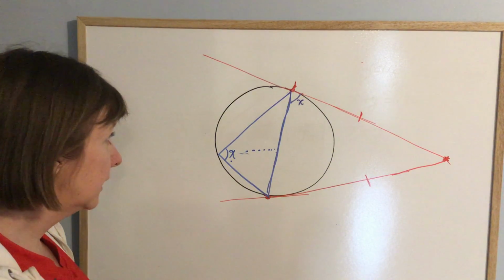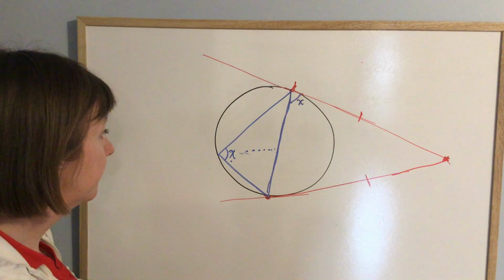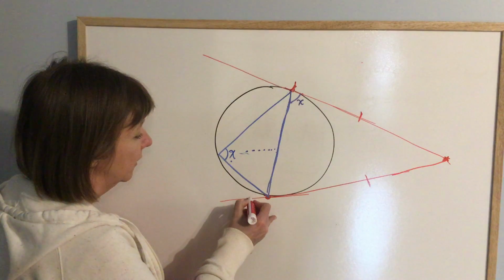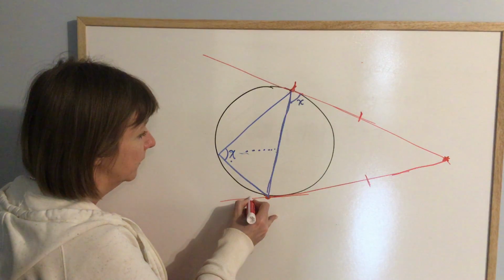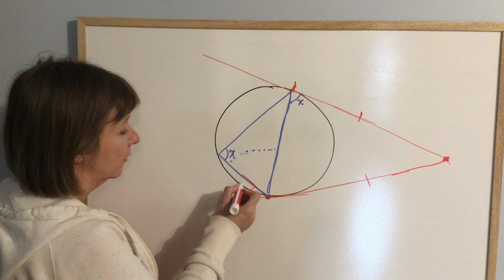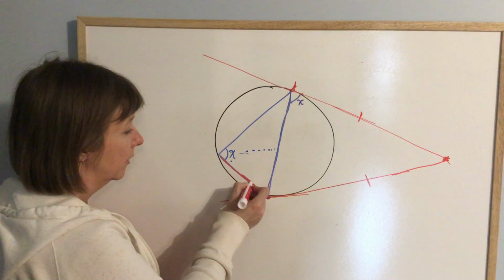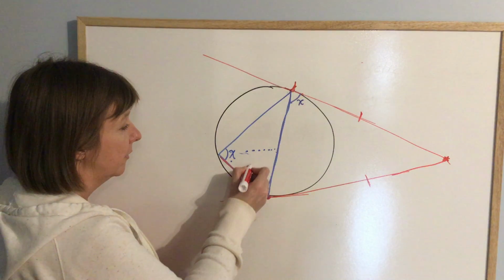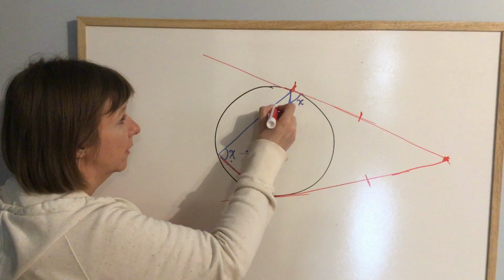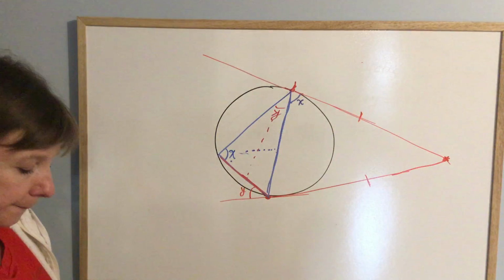So again, I could do that down here. I could say, here's a tangent line, here's the chord, it's touching this, so we'll call this Y. The angle opposite that chord is up here, so that is also Y.